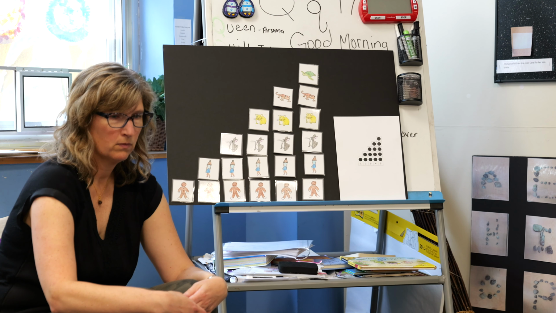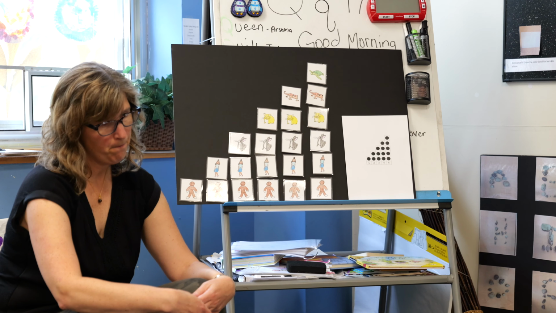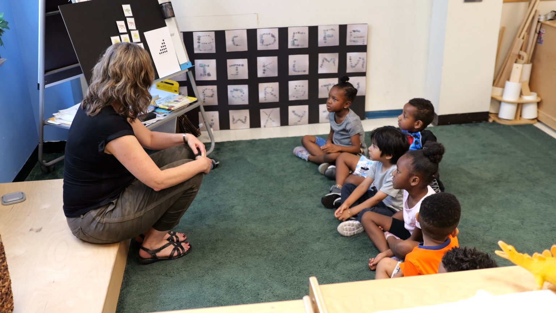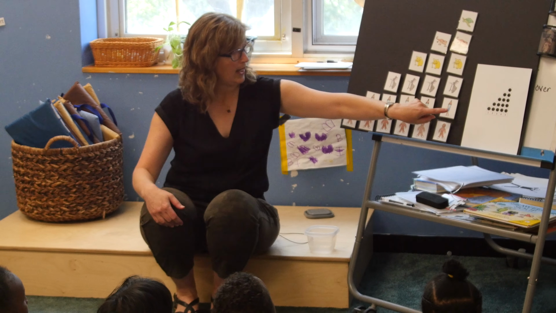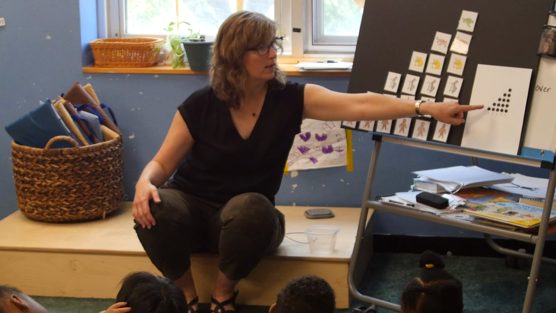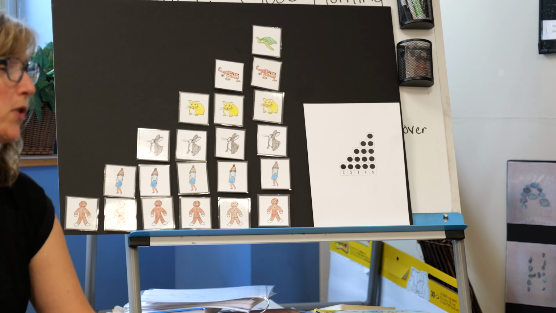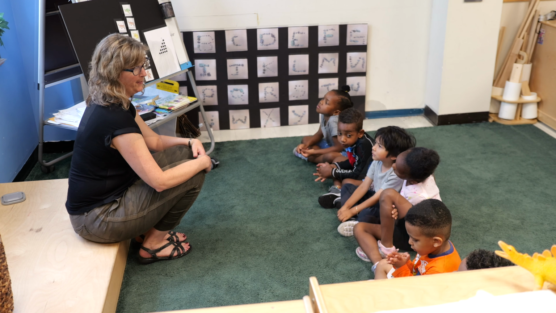How is it the same? Because it's squares. You're right. Each one of these sections is a square, and each section here is a square. It has a dot in it, but the space is marked off by a square. Just like here, the characters are each on a square.